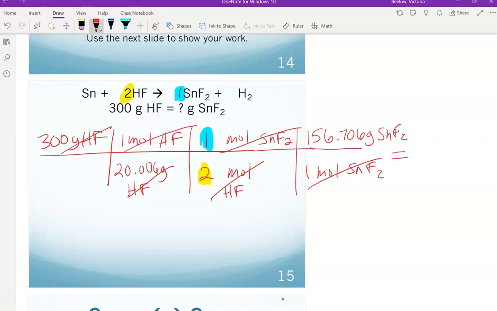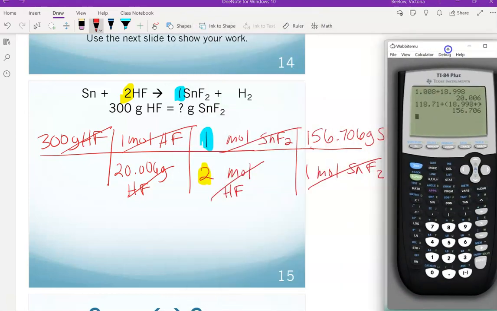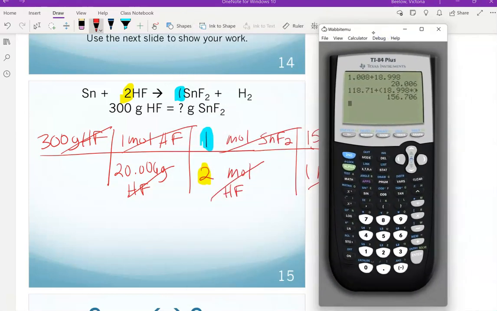So last thing I need to do is multiply everything in the top. So 156.706 times 300, divided by the bottom, everything multiplied together, so 20.006 times 2.